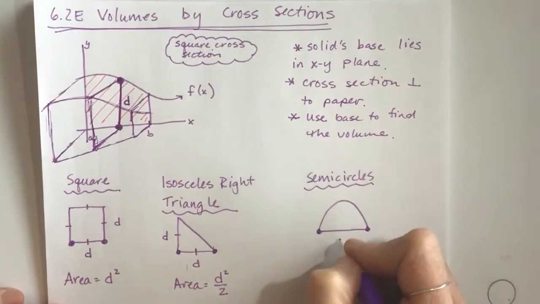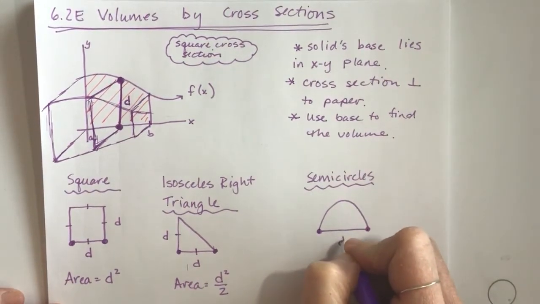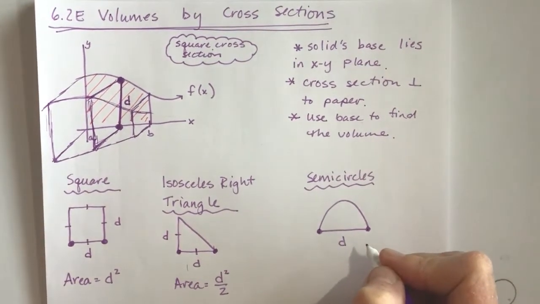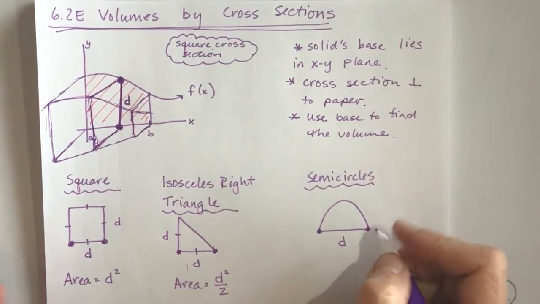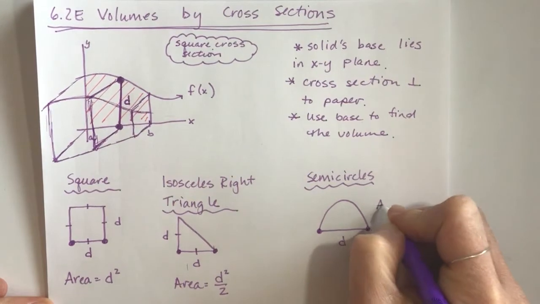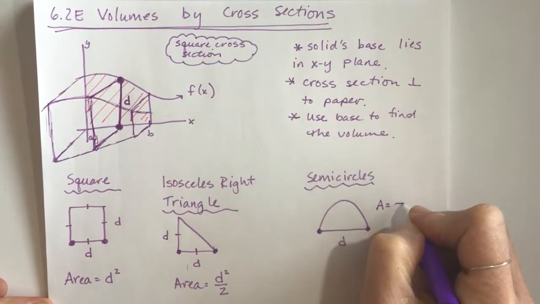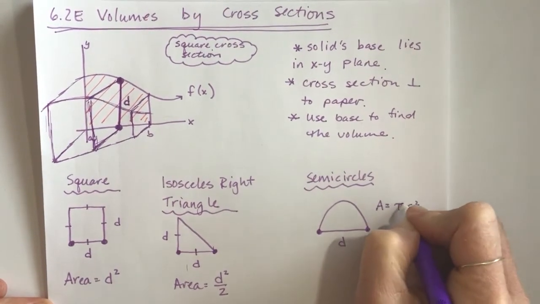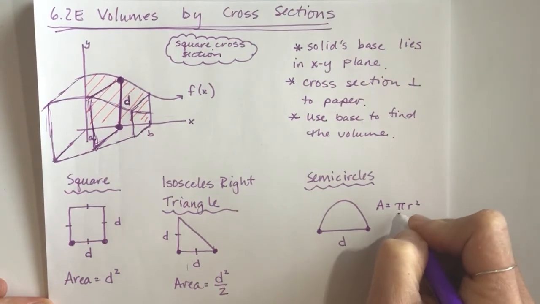Okay, so that means this distance is D, and we can say it's D for diameter this time. So if you remember your geometry, area of a circle is pi r squared, but we're only talking half a circle, so we'll divide by 2.